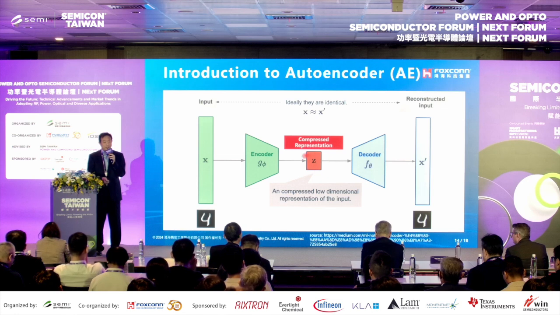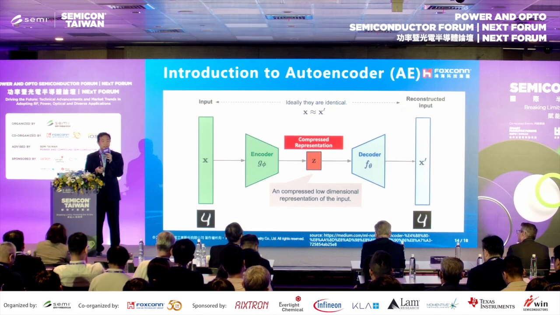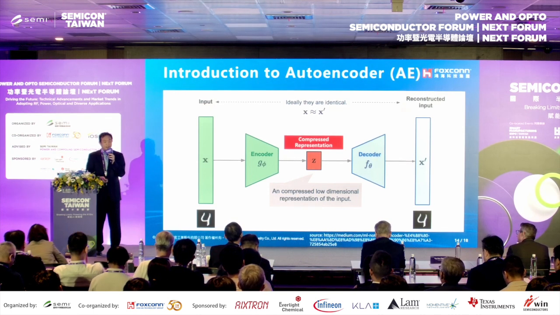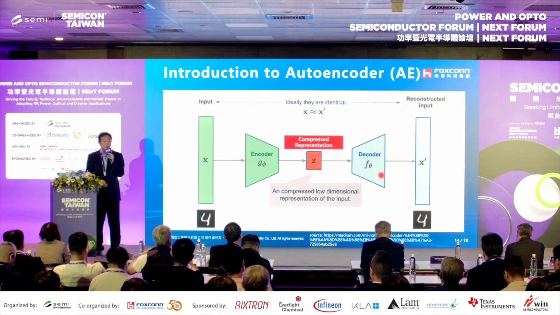We call this variable Z the compressed representation because it compresses your data into a smaller size vector. At the same time, the decoder is trained to do the inverse operation of the encoder.